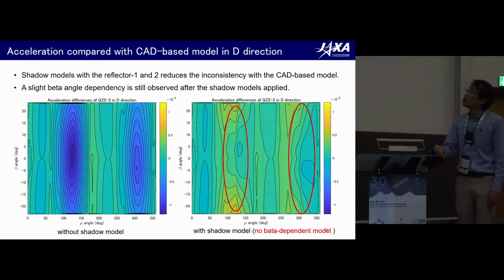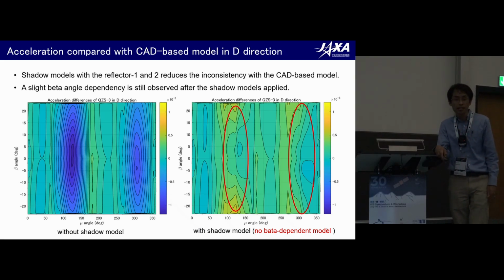First of all, I will show you the acceleration difference in the D direction, the direction of the sun, compared with the acceleration based on a very precise CAD-based model, which has not been published yet. I used this model only for reference.